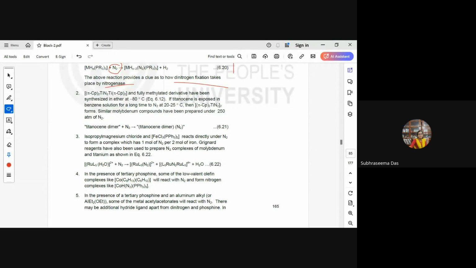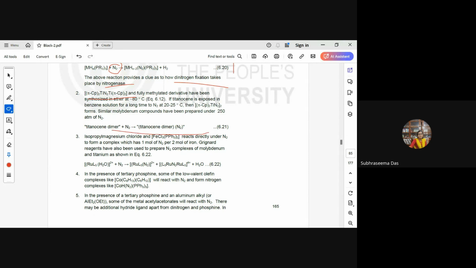Here the complex (η-Cp2Ti)2N2 is a fully methylated derivative and it has been synthesized in ether. If the titanocene is exposed in benzene for a long time, then the (η-Cp2Ti)2N2 is formed, and similarly titanocene dimer plus N2 forms the titanocene dimer N2 complex, which has also been obtained.